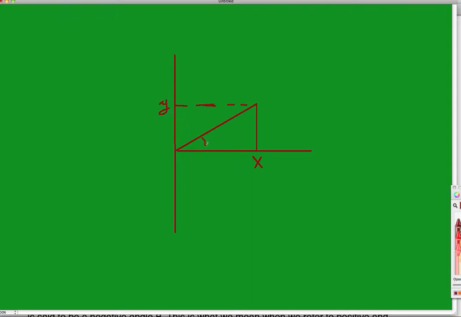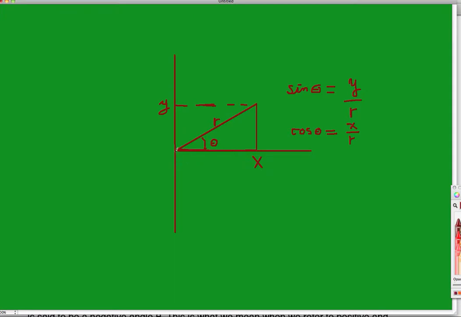This is the angle theta. The sine of theta is y divided by r, where r is the hypotenuse of the right triangle. And the cosine of theta is x divided by r. This distance here is x.